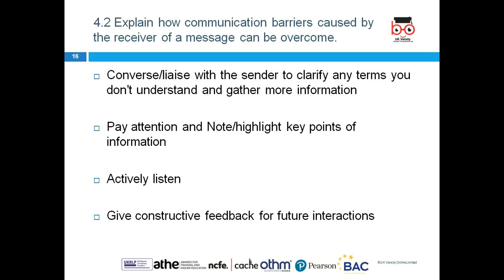Pay attention and note any key points of information. Highlight them, underline them, bullet point them, make sure that you're getting the key info. Listen actively, so actually pay attention using your body language, your eye contact and so on. And then also give constructive feedback for future interactions.